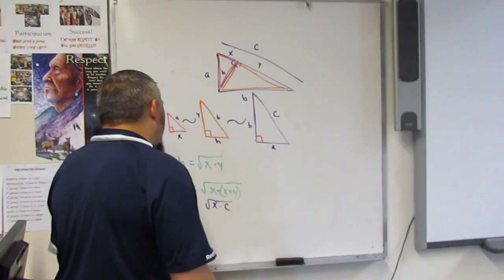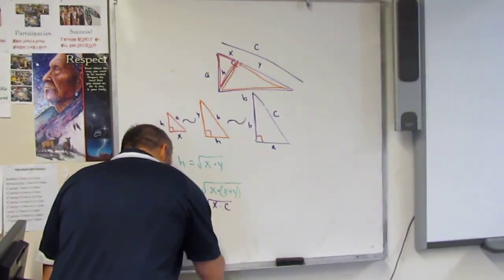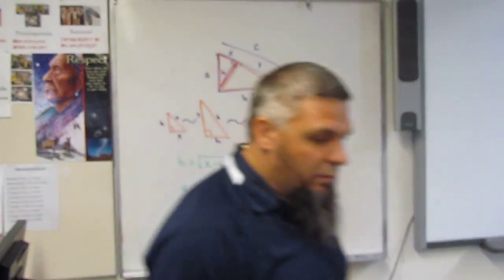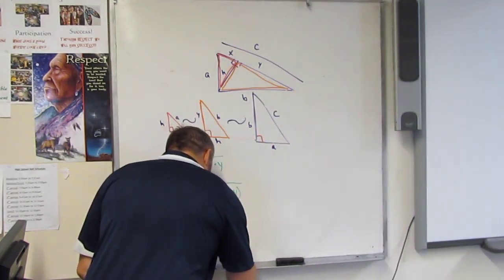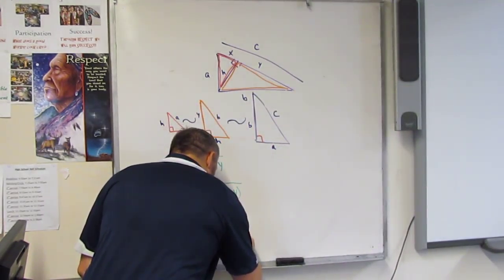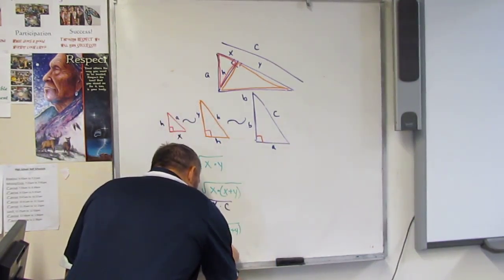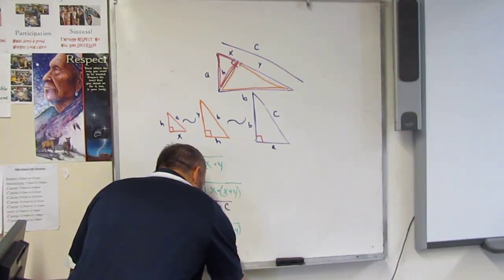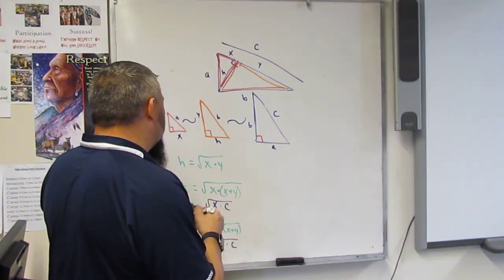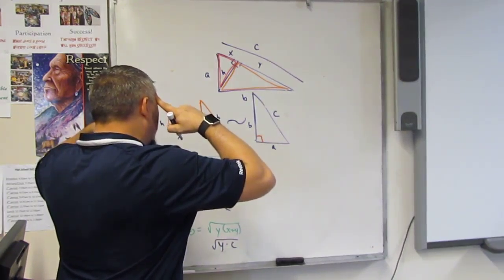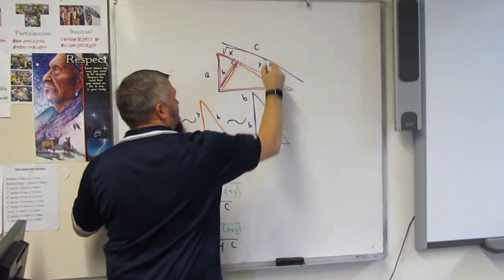And then B is equal to y times c. So the square root of y times x plus y, right? Or in other words, like we said up here, y times c. And when I do that, what I'm doing is, if I look at this, I think of h as equal to the square root of this times this.